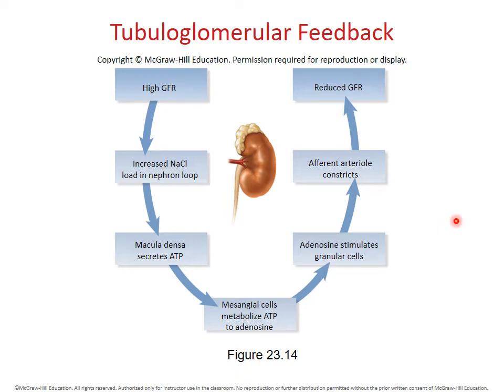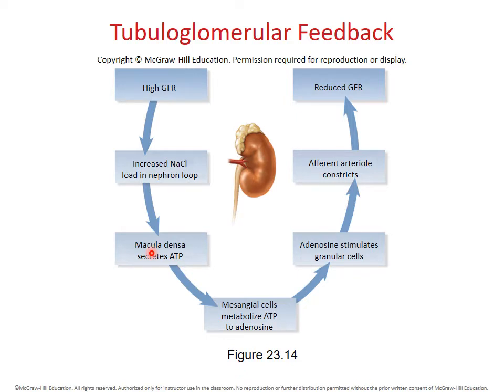The second mechanism was a little bit more complex, involving what's called the juxtaglomerular apparatus, and that was a complicated set of structures known as macula densa.